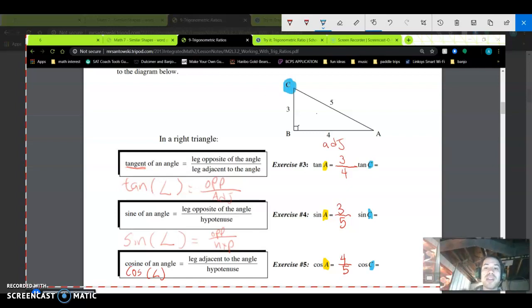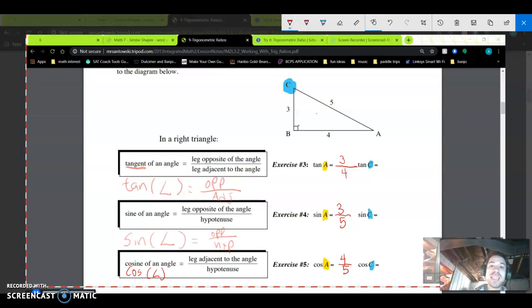The important angle changed. This means we need to relabel our triangle. Anytime the angle changes, we need to relabel.